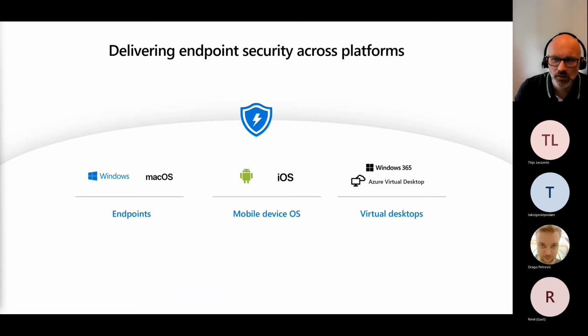We can also install it on virtual desktops, such as the Azure Virtual Desktop or the Windows 365 desktop. So it gives us a broad delivery of endpoint security across all these platforms, which would probably end up securing most of the endpoints we have out there as a small business.